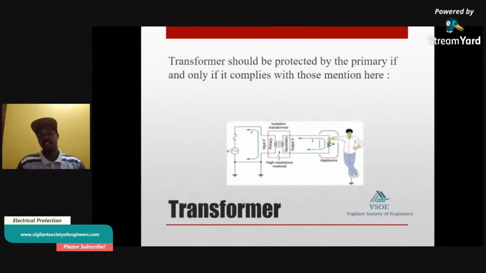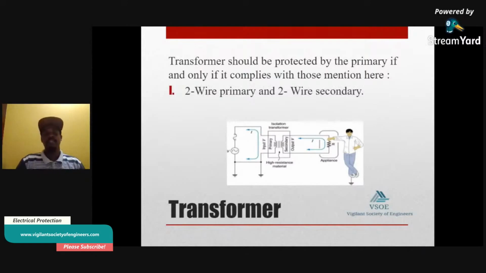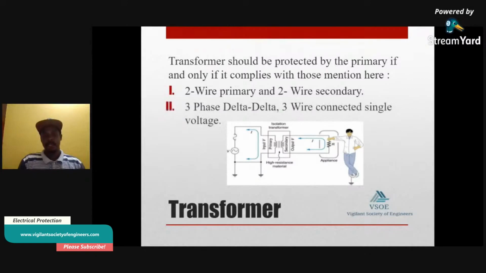Now, a transformer should be protected by the primary if and only if it complies with those mentioned here. So first, you should have a two-wire primary and a two-wire secondary, all right? And 3-phase delta and 3-wire connected single voltage.